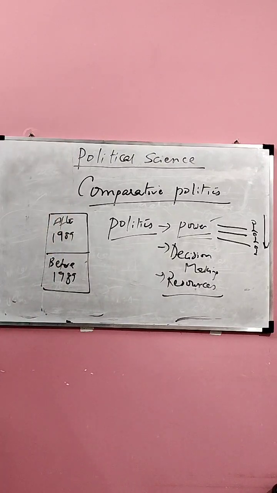So we are comparing across time. Okay. We can compare between states, we can compare institutions, we can go for vertical comparison within one state, we can go for different types of comparison. Comparison can be done between political philosophies and ideologies also.